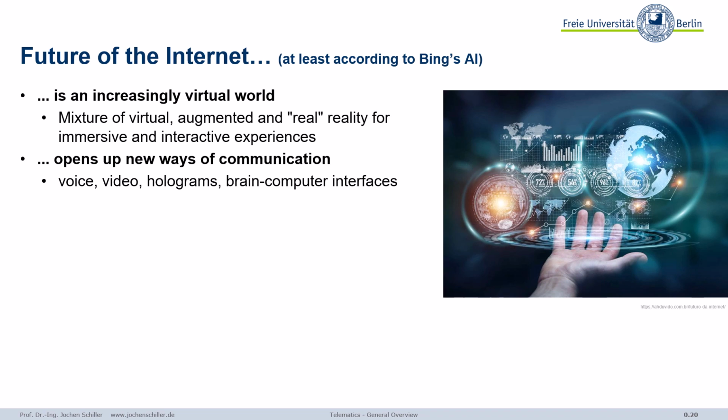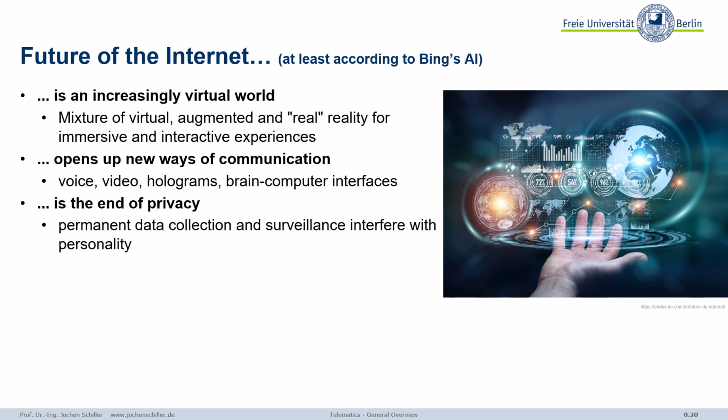So we saw in the very early days of the internet, keyboards. Now today, I use voice with my smartwatch to type, to speak an SMS or a message. So we'll see holograms, brain-computer interfaces, etc. Definitely. And privacy, that's an important issue.